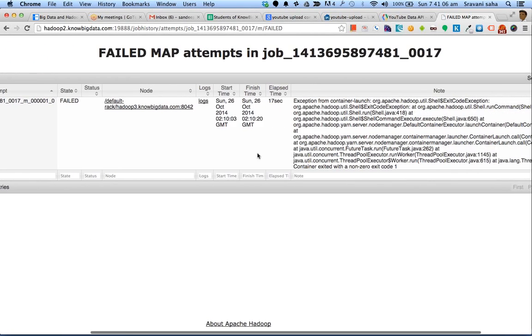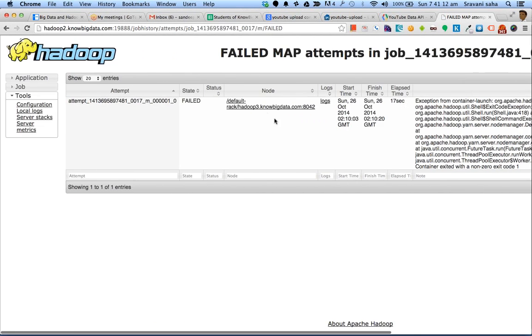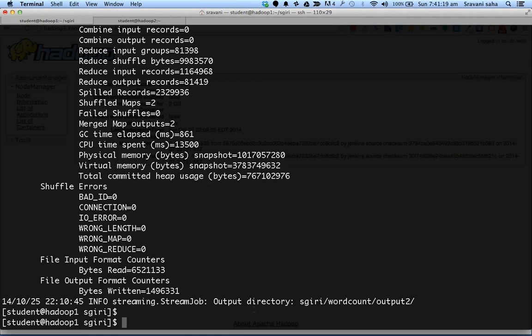It says it could not launch, right? Probably the unique command which we have given may not be necessary. Okay, let's see what is going on. So we say Hadoop fs minus ls.